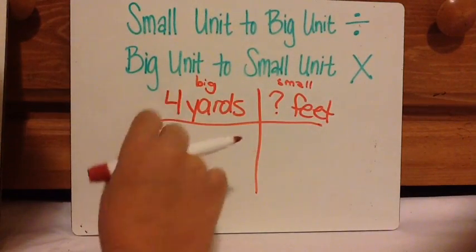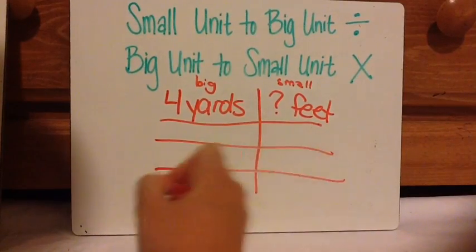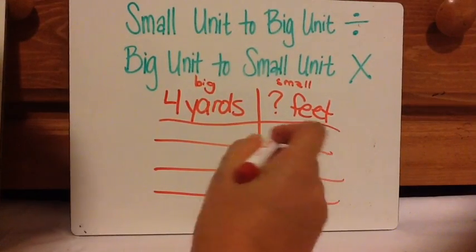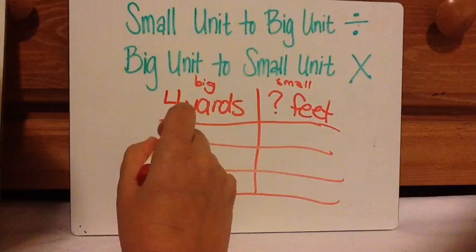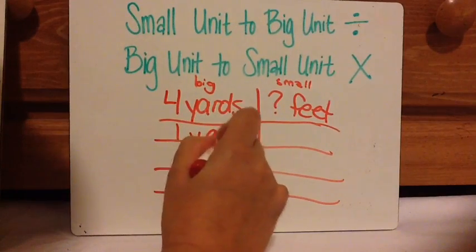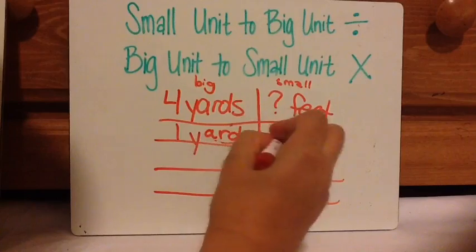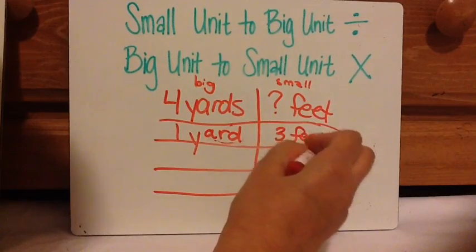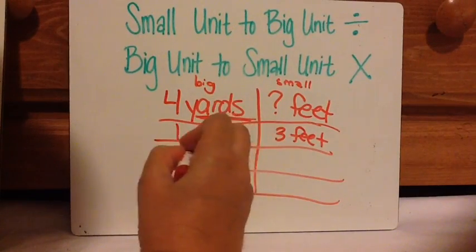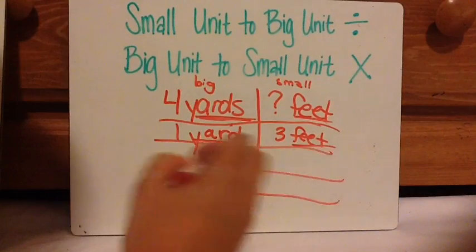So I always tell my students, set up a table, which is also part of the TEK, by the way. Set up a table and write 1 yard equals 3 feet. Make sure that if it's yards here, then you keep it the same.